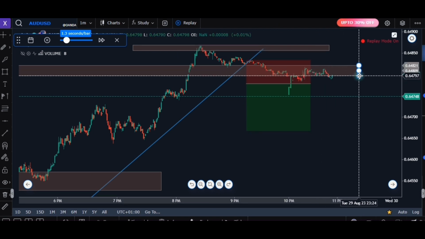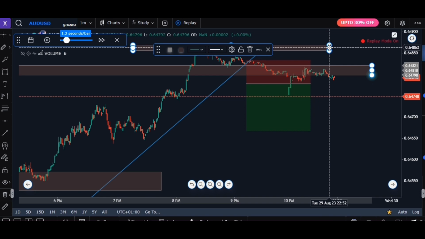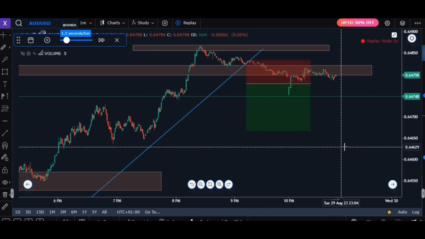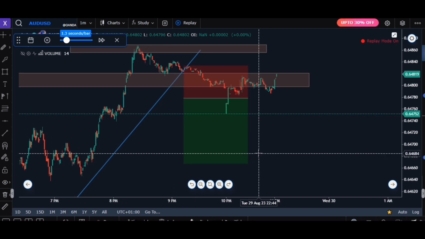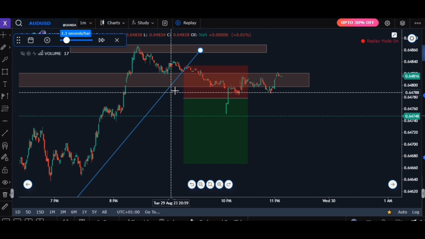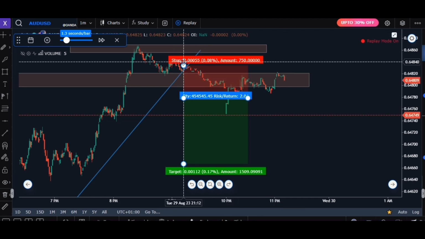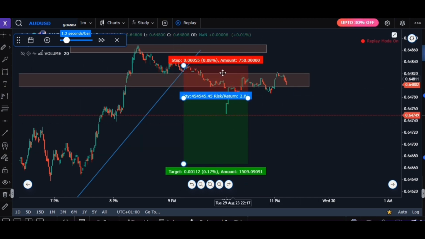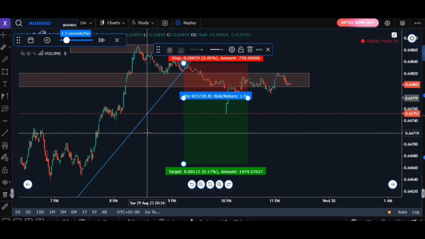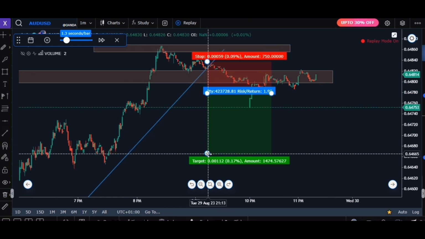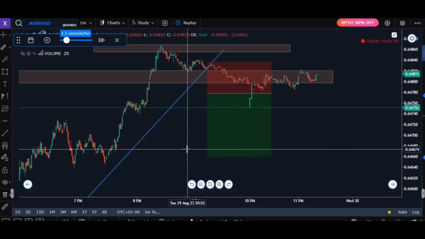Our stop loss should be higher than this, but I'm not sure, maybe it's going to get stopped out. But to be safe, you know what I'm saying, guys, to be safe, because the market is very crazy at times. So let's see.